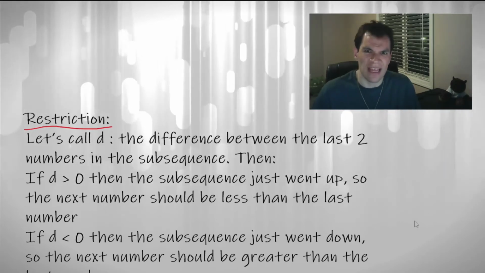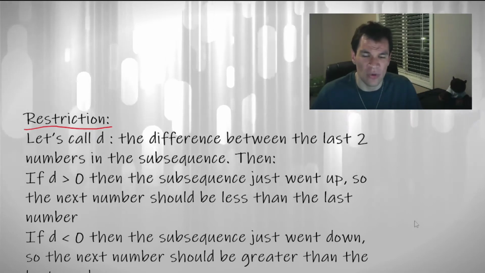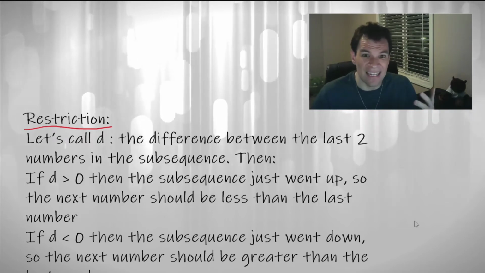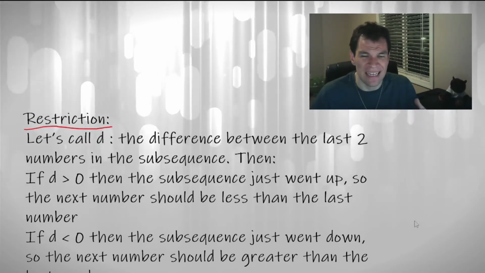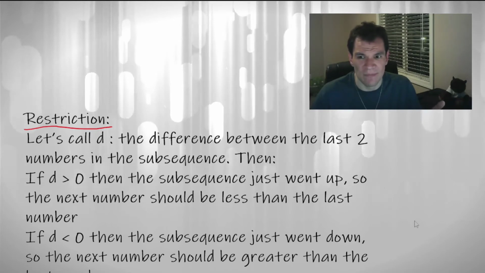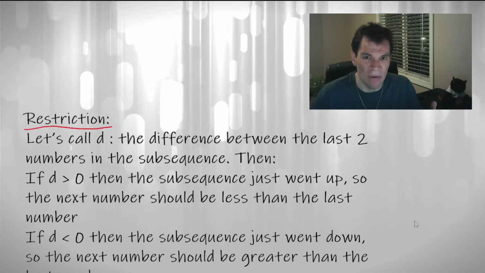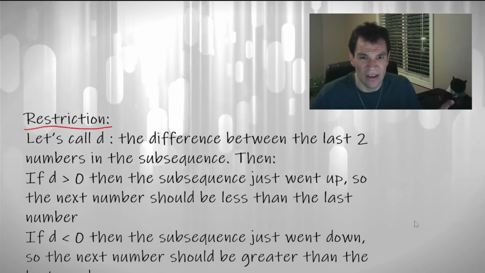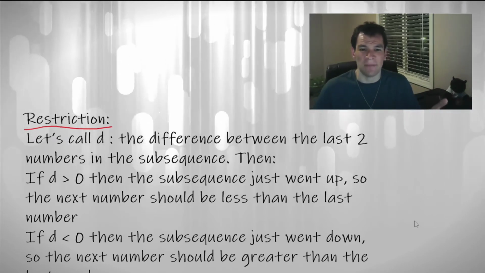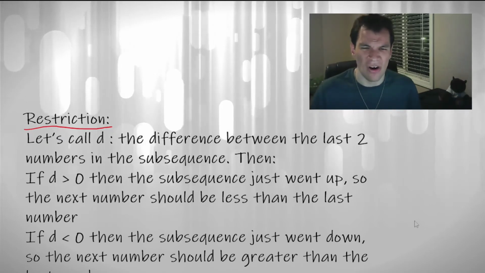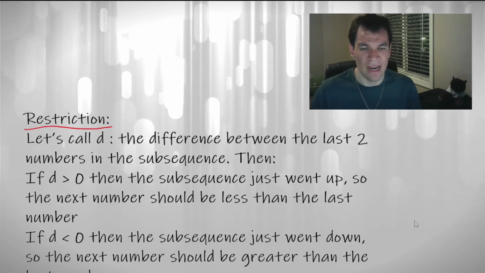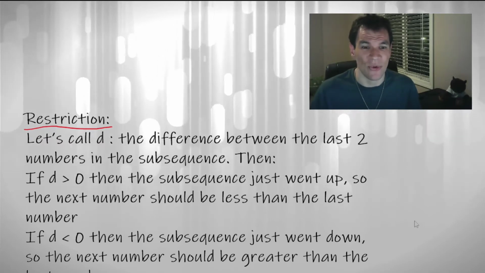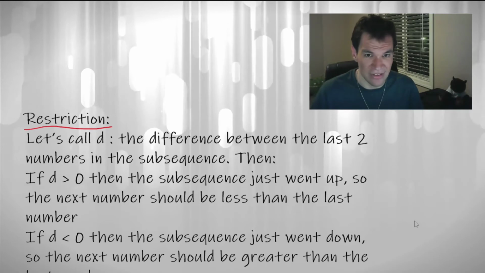Then what we do need to know, if we can add a number to the subsequence or not, is which one was the last number of the subsequence, and also if the previous number to the last one was greater or smaller than the last number, or the same, if we are expecting the new number to be greater or smaller than the last.